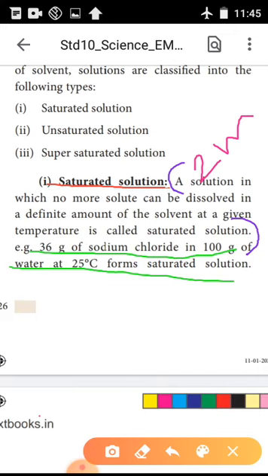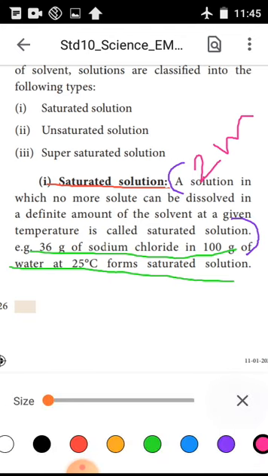Okay, I will explain. For example, if you are taking 36 gram of sodium chloride, so the amount of sodium chloride is 36 gram. Here sodium chloride is the solute particle.